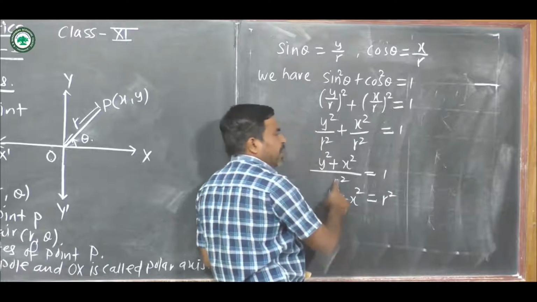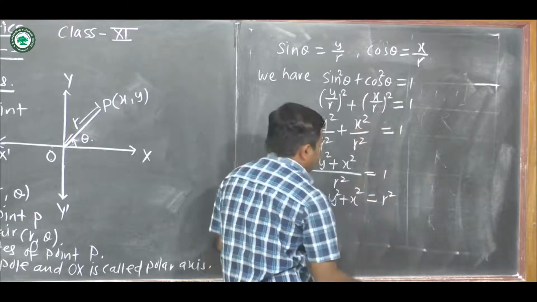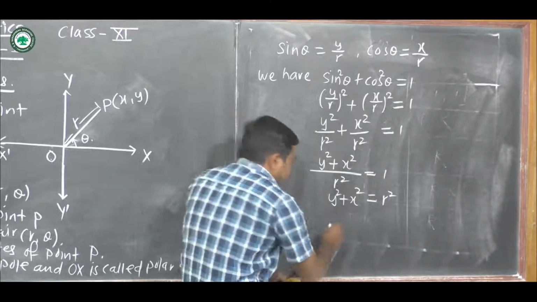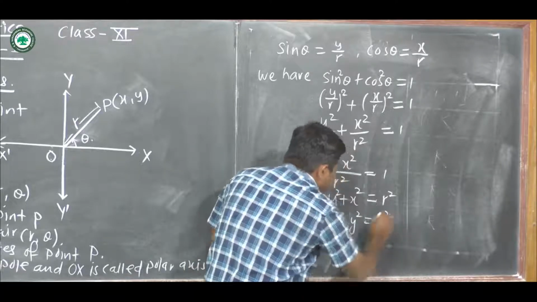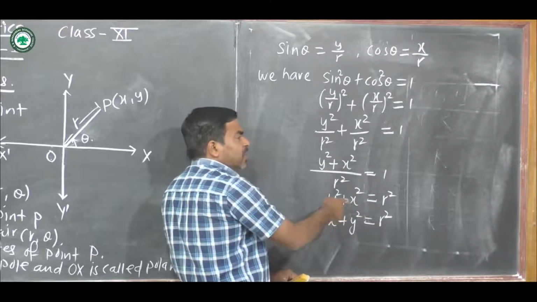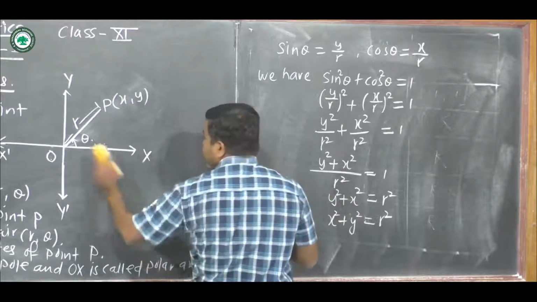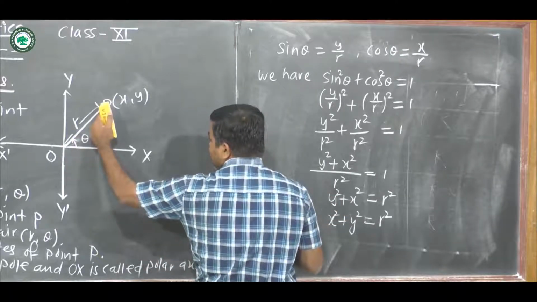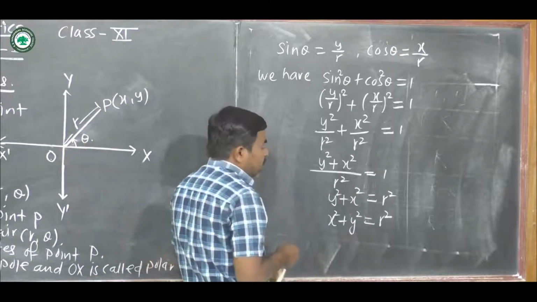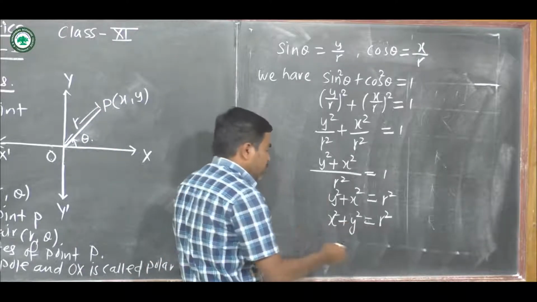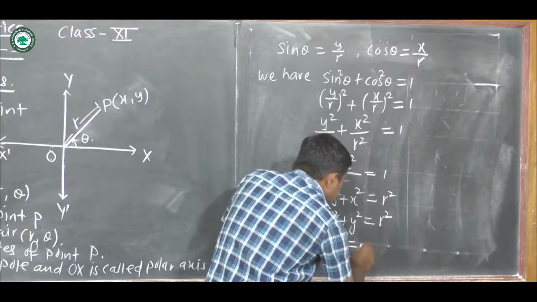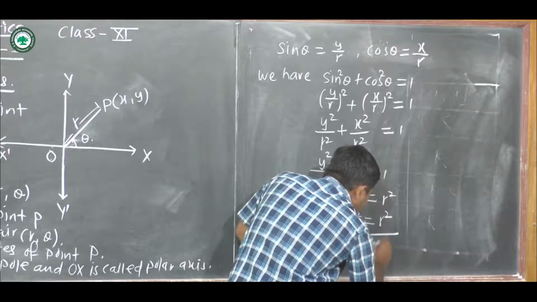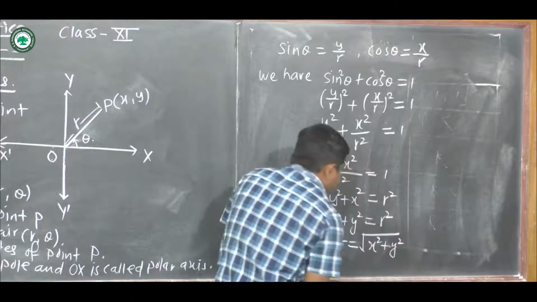We have shifted this r square to the right hand side. So that is x square plus y square is equal to r square. What is r? R is the distance of the point P from the origin. So therefore r is always positive. So therefore r is equal to the square root of x square plus y square.